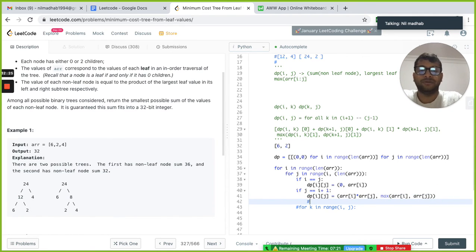For example, if we have the array 6, 2, the dp will be 12 comma 6, where 12 is the product and 6 is the maximum leaf node.